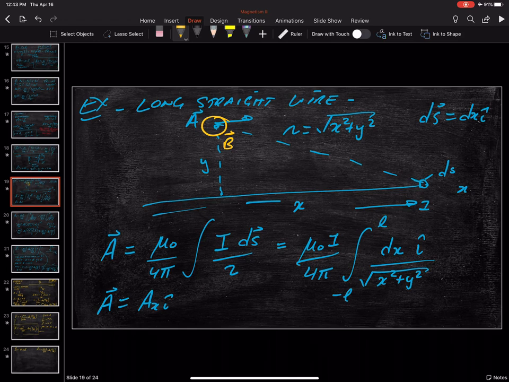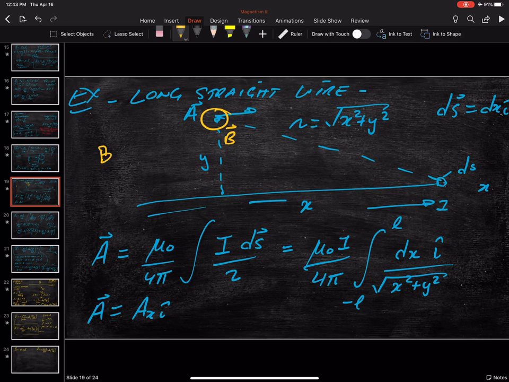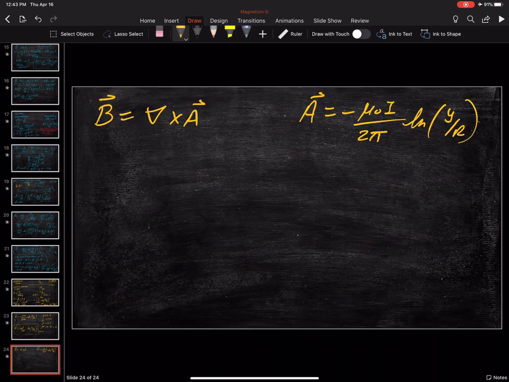So B should be some B k hat. Let's see if that's what we get. Now I'll remind you what this curl is. Again, you can think about it in terms of determinants here.